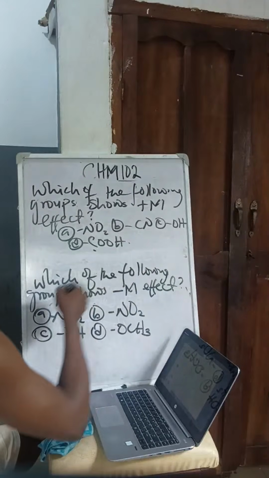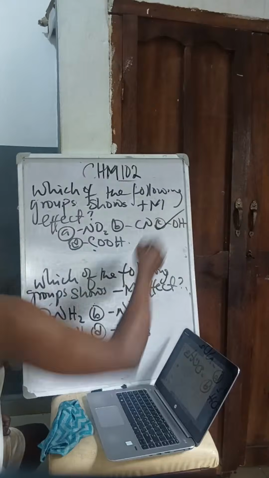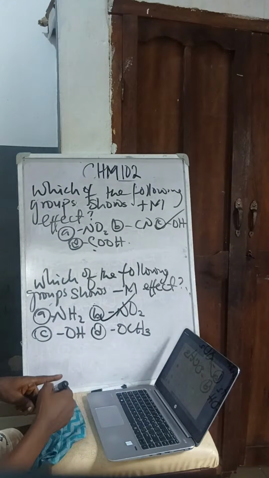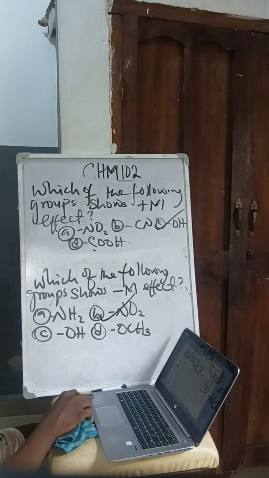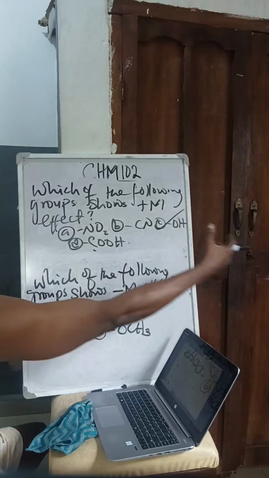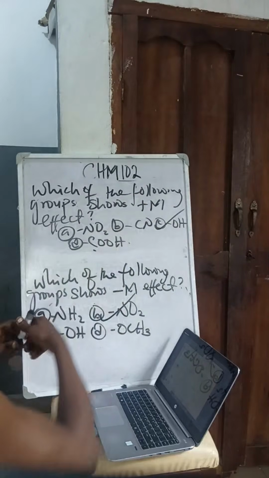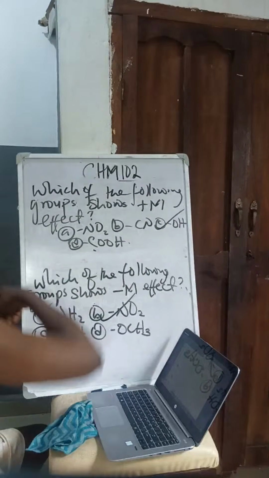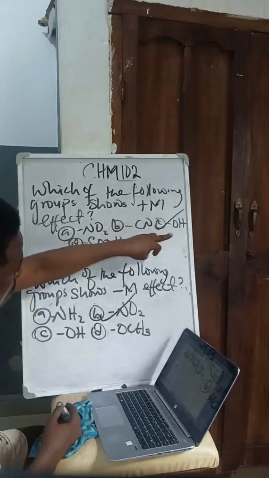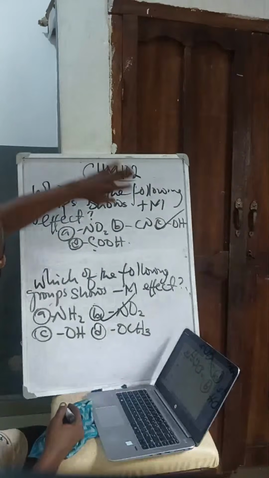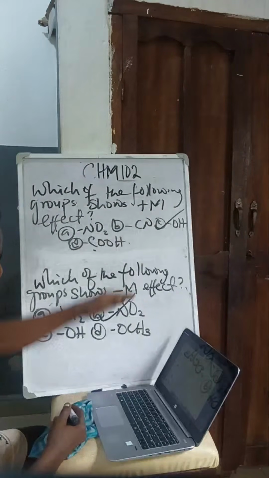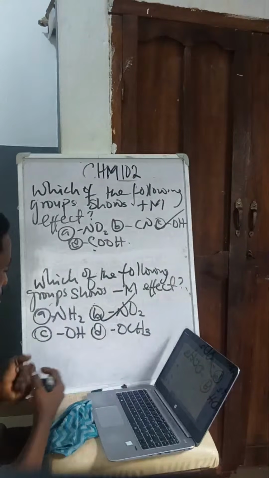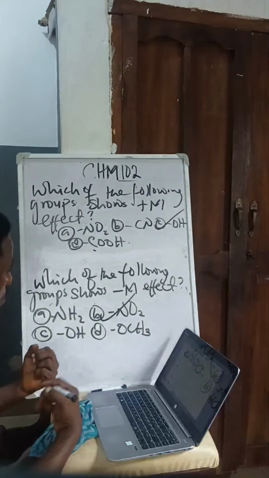So here the answer is OH. Then here the answer is NO2. Okay. Here it donates or releases electron to the conjugated system. So OH releases electron to the conjugated system, while NO2 takes electrons away, withdraw. Okay.